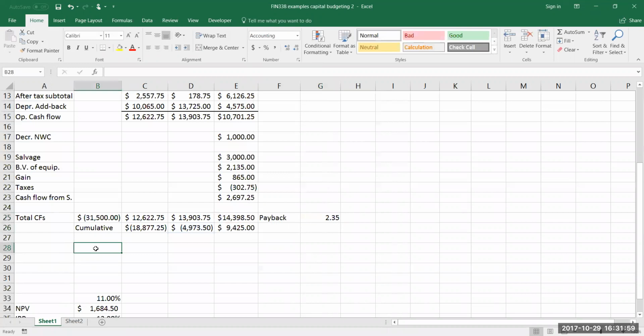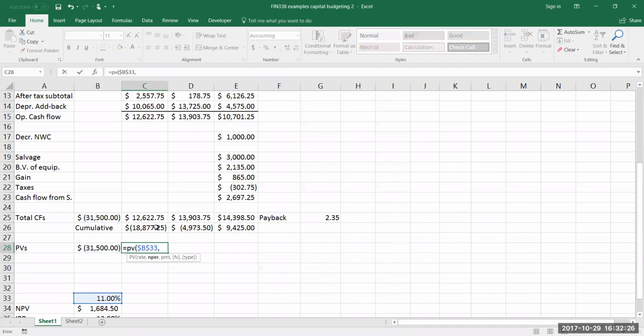Now, in order to do this for present values, or for the discounted payback, we have to have present values. So to find the present value, this cash flow is already at time 0, so I can just use that number. Now to find the present value, we're going to do equals PV, and the rate that we're going to use is our 11%, and we're going to use an absolute reference, so when I drag the cell over, it doesn't change.